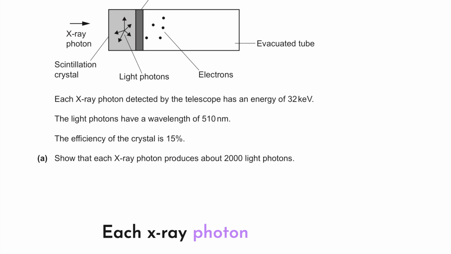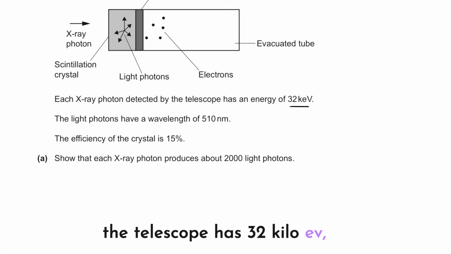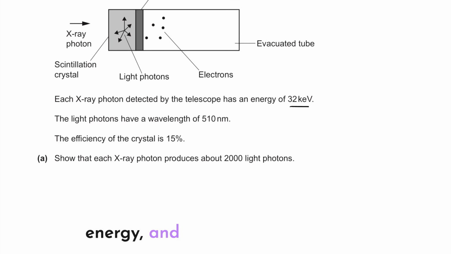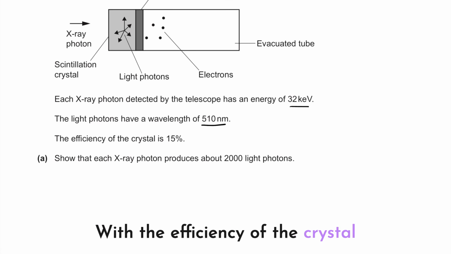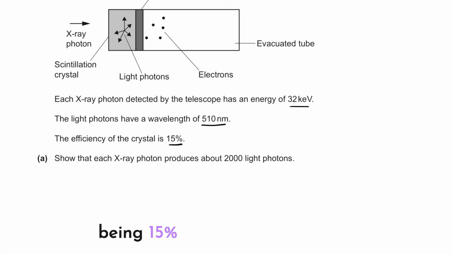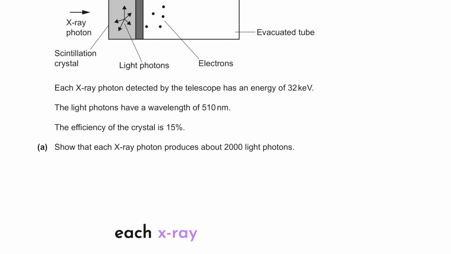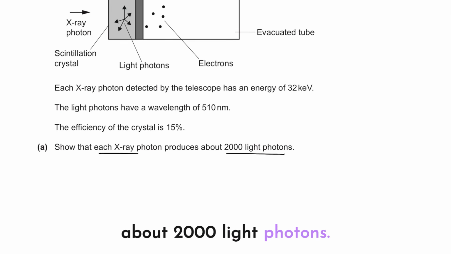Each X-ray photon detected by the telescope has 32 keV of energy, and the light photons have a wavelength of 510 nanometers, with the efficiency of the crystal being 15%. We have to show that each X-ray photon produces about 2000 light photons.